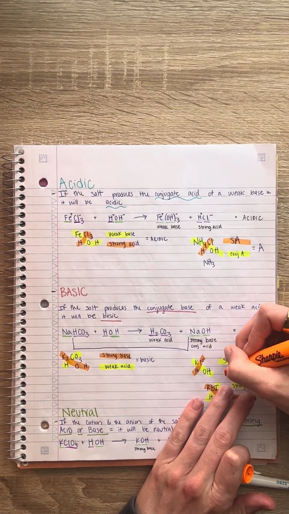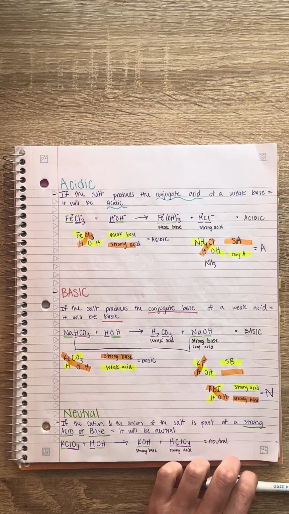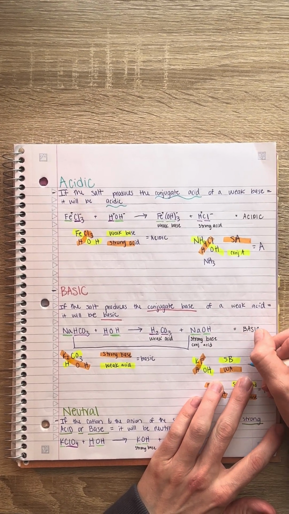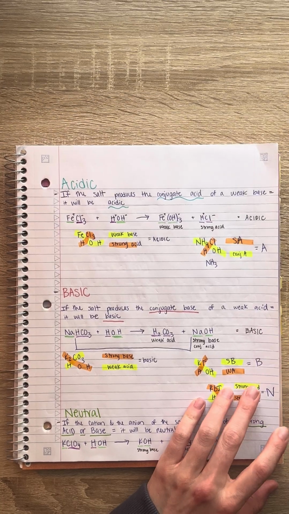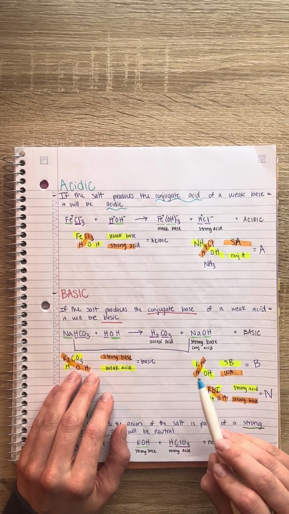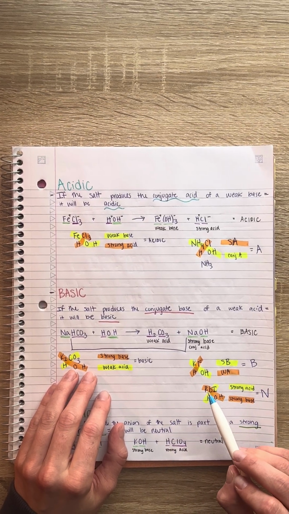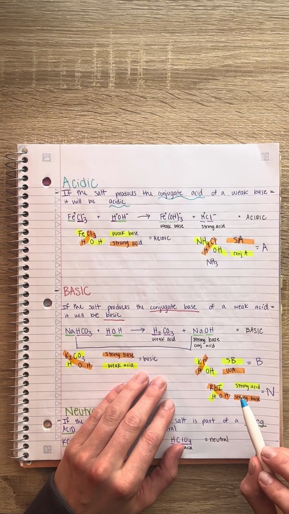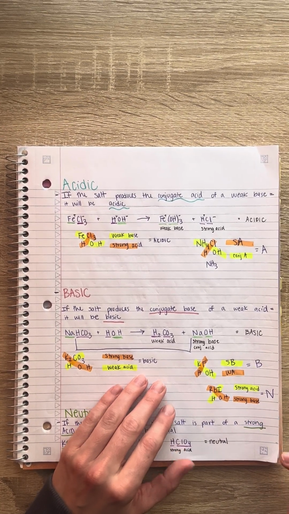Forgot my orange line. HF is just a weak acid. So we can see that this is basic. And you can do this X method with any solution in water that you want, and it will work out to see how your salt is going to be acidic or basic.